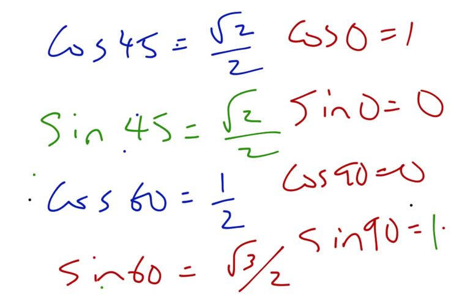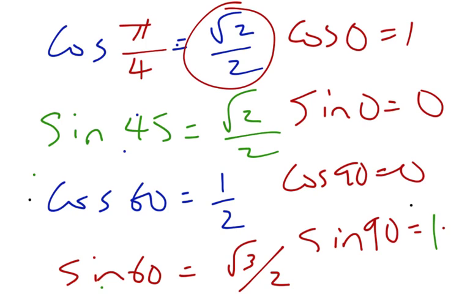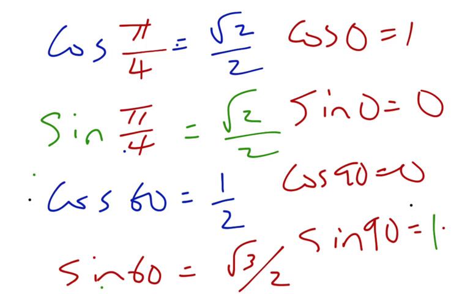So look at this, instead of 45, I'm going to be asking you for pi over, and hopefully you're thinking right now, 45 is pi over 4. Is this going to change? No. Not 45, it's going to be pi over 4. 60, it's not 60 anymore, it's going to be pi over 3.